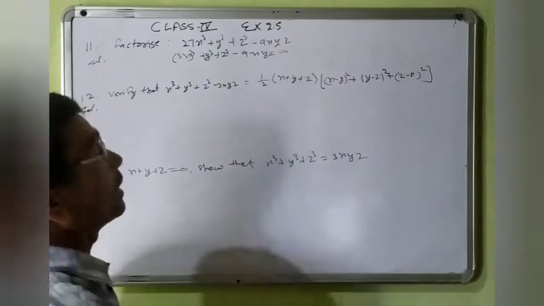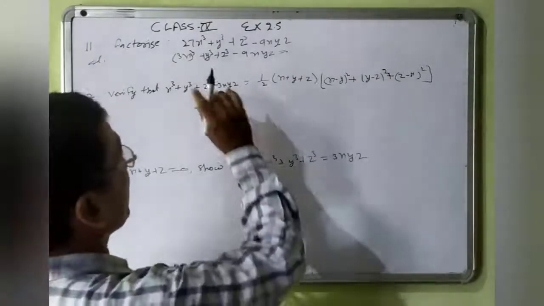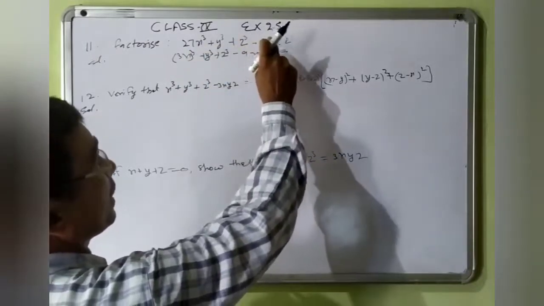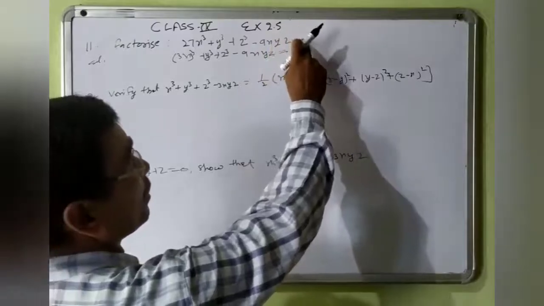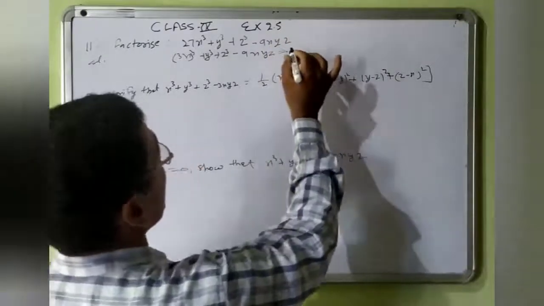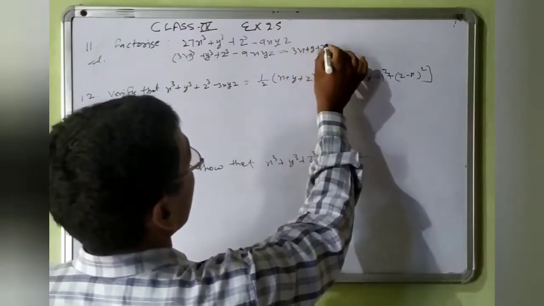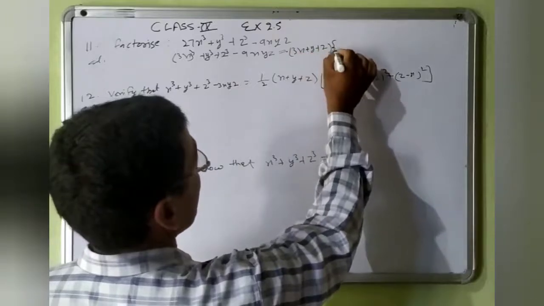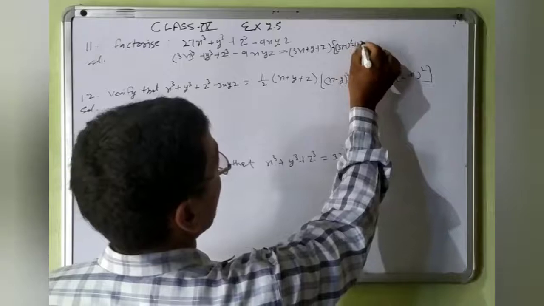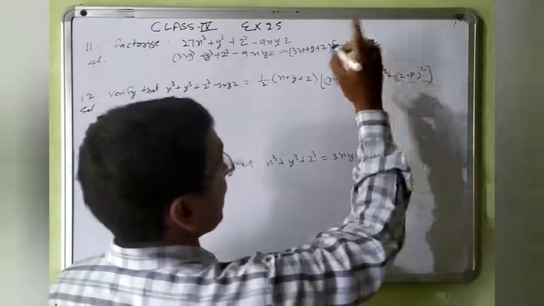Okay. Now question number 11. Here we will apply identity number 8. Write it. Identity number 8 means x cube plus y cube plus z cube minus 3xyz is equal to x plus y plus z times x square plus y square plus z square minus xy minus yz minus zx. You can see identity number 8 in your textbook. So that will be 3x plus y plus z in the first bracket, and in the second bracket 3x square plus y square plus z square minus xy.